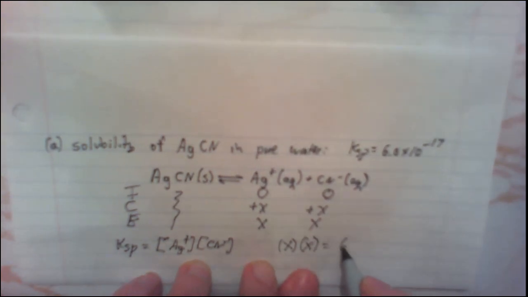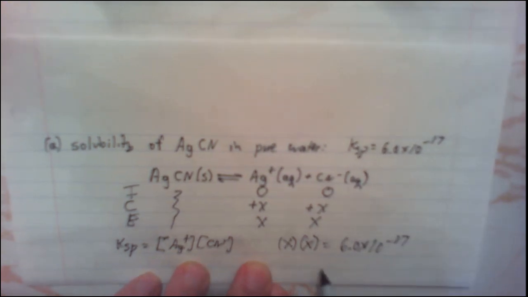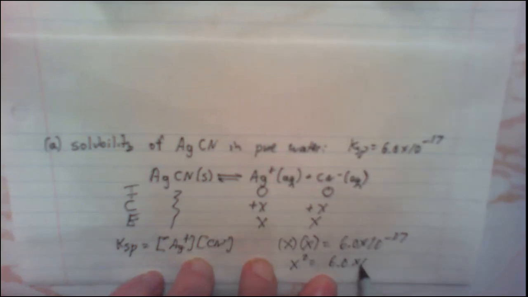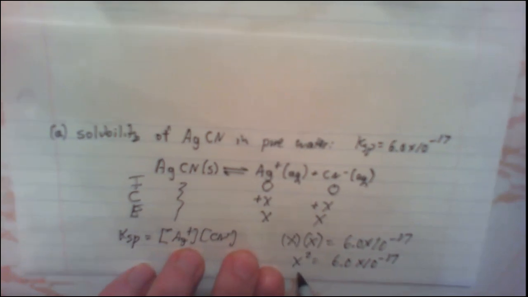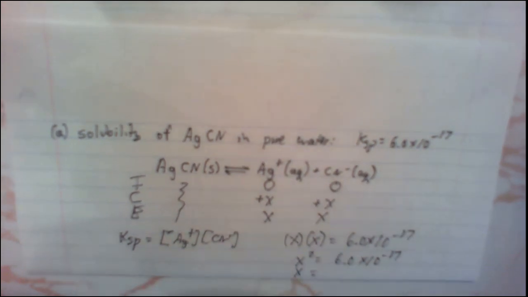KSP is equal to 6.0 times 10 to the minus 17. So X squared is equal to 6.0 times 10 to the minus 17. So finally, X is equal to the square root of 6.0 times 10 to the minus 17.